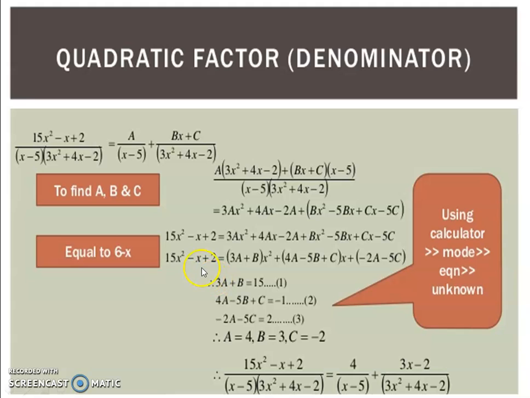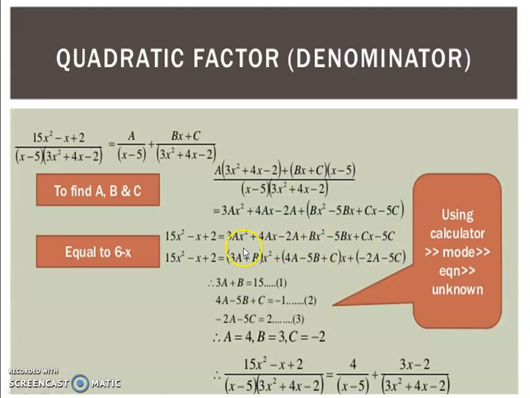We take the coefficient of x² and equate. Here 15 is there, and on the other side we have 3a and bx², so (3a + b) with x² common. Now we take the coefficient of x: 4ax, minus 5bx and cx, so 4a - 5b + c into x.